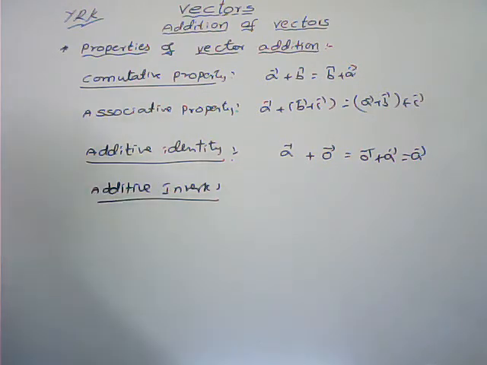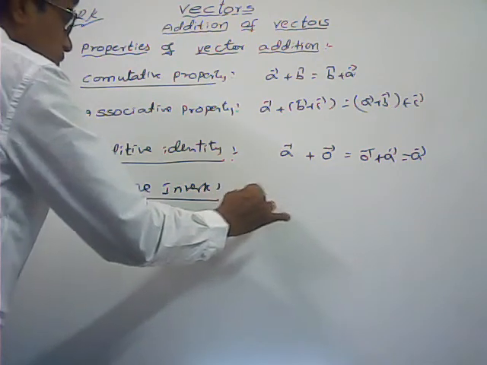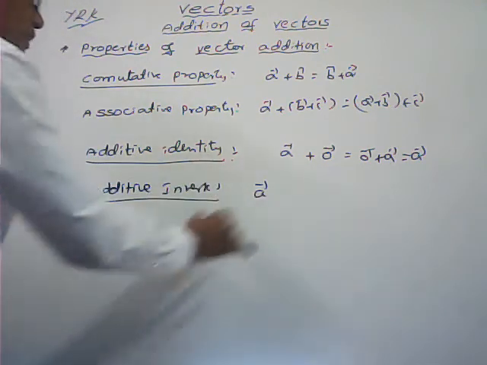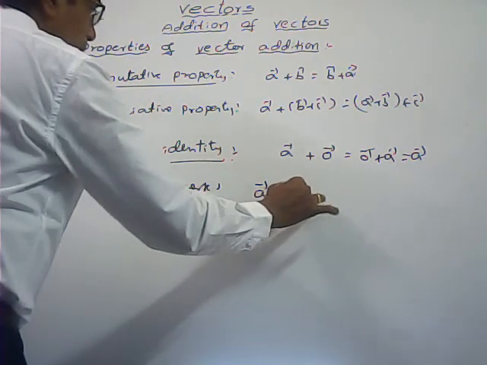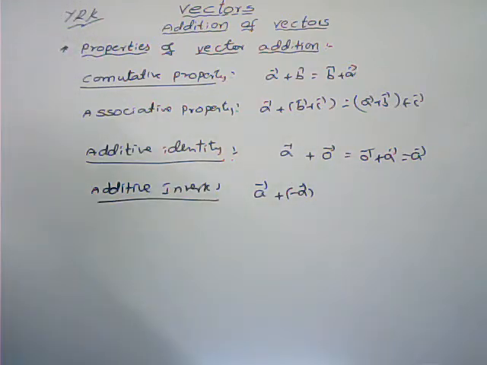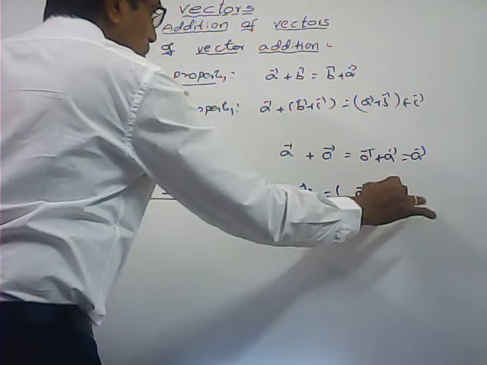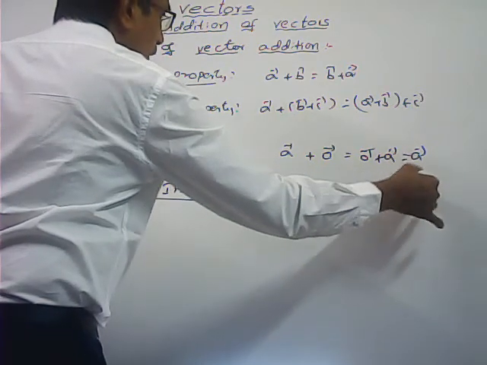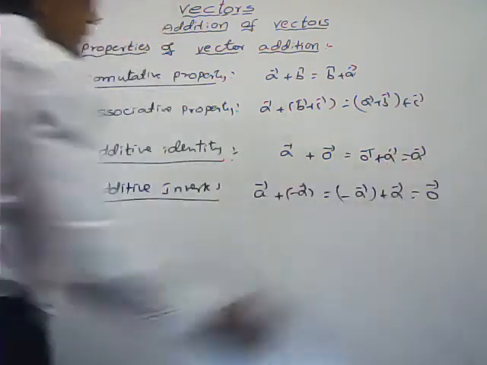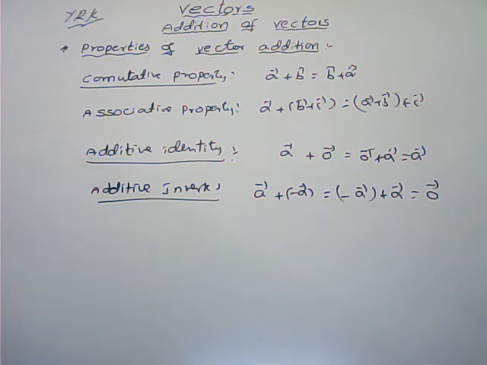And additive inverse: for any vector a bar, there exists a vector minus a bar such that a bar plus minus a bar equals minus a bar plus a bar, which equals the additive identity, the zero vector. So minus a bar we say is the additive inverse of a bar.